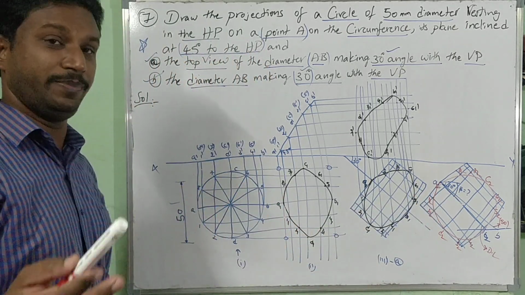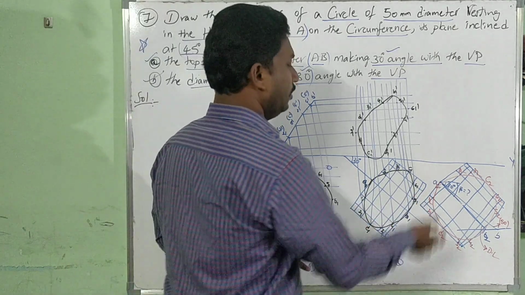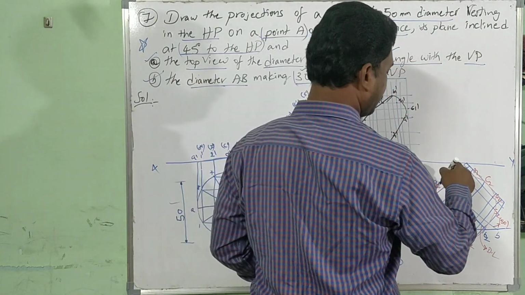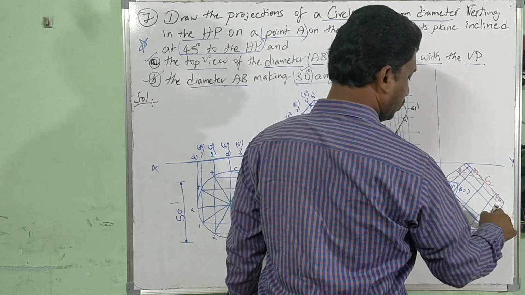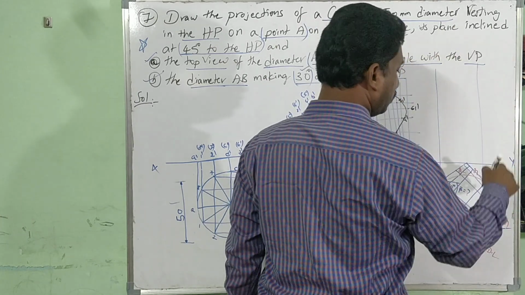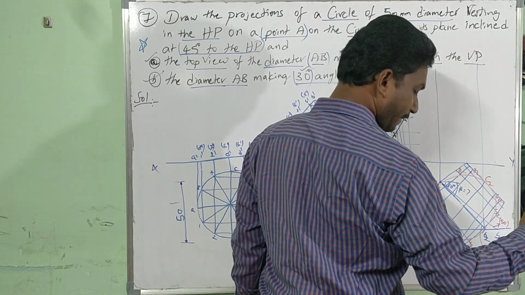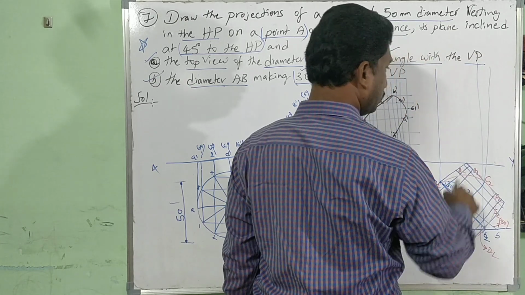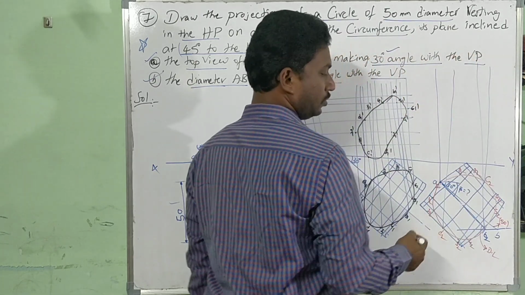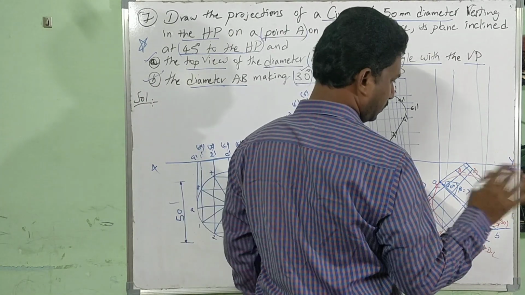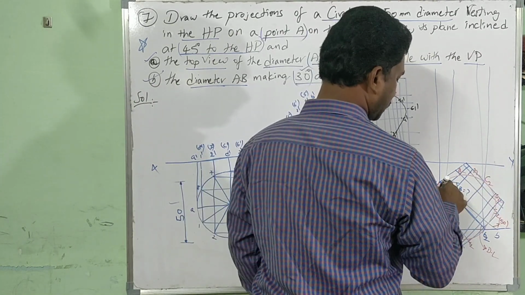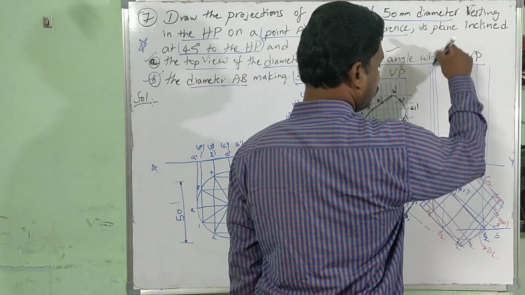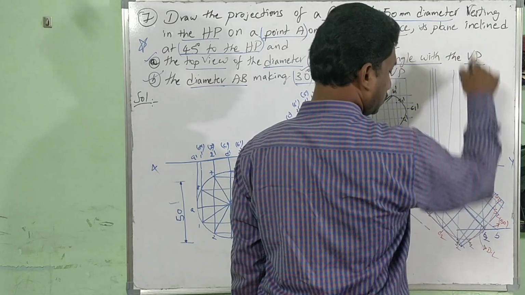It's not 30 degrees, it's beta. Now from here, project it for the front view. Same lines: A2, B2, C2, D2. Just for the purpose I am drawing, nothing else. 1, 2, 2, 2, 3, 2.